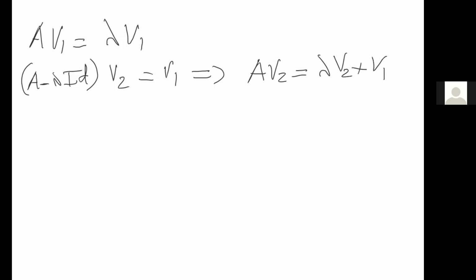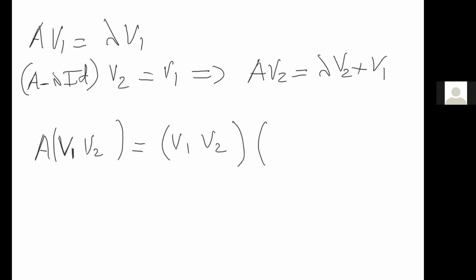So let's write it as a matrix. Here V1, V2 means the matrix whose columns are the vectors V1 and V2. A V1 equals lambda V1, so I do the product of two matrices.